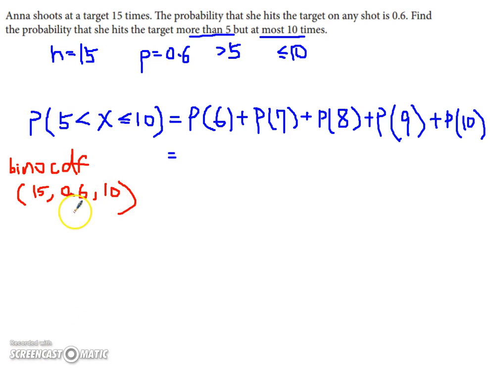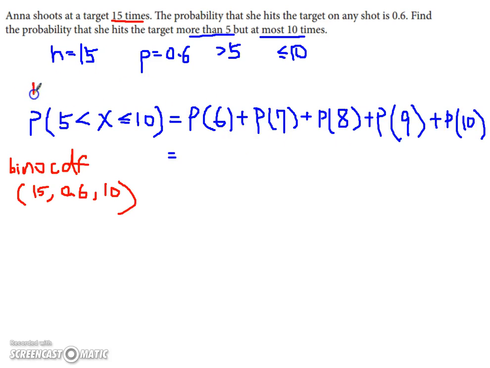That value is not going to be 1 because I'm doing this for 15 times, and right now I'm only looking at 10 times. Binocdf with 15, 0.6 and 10 is going to give me P of 0 plus P of 1 plus 2 plus 3 all the way up to 10.